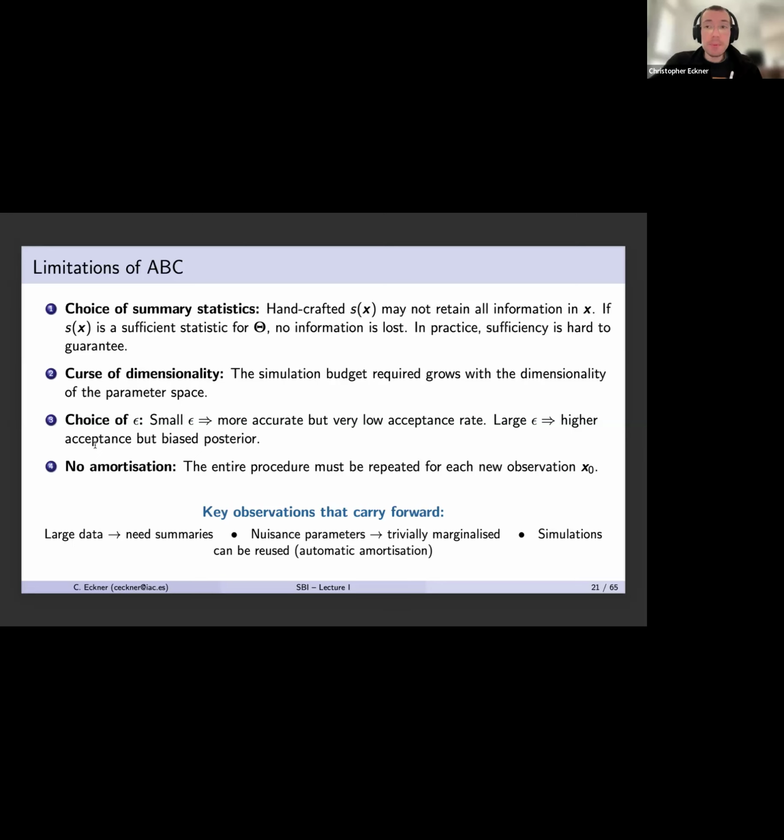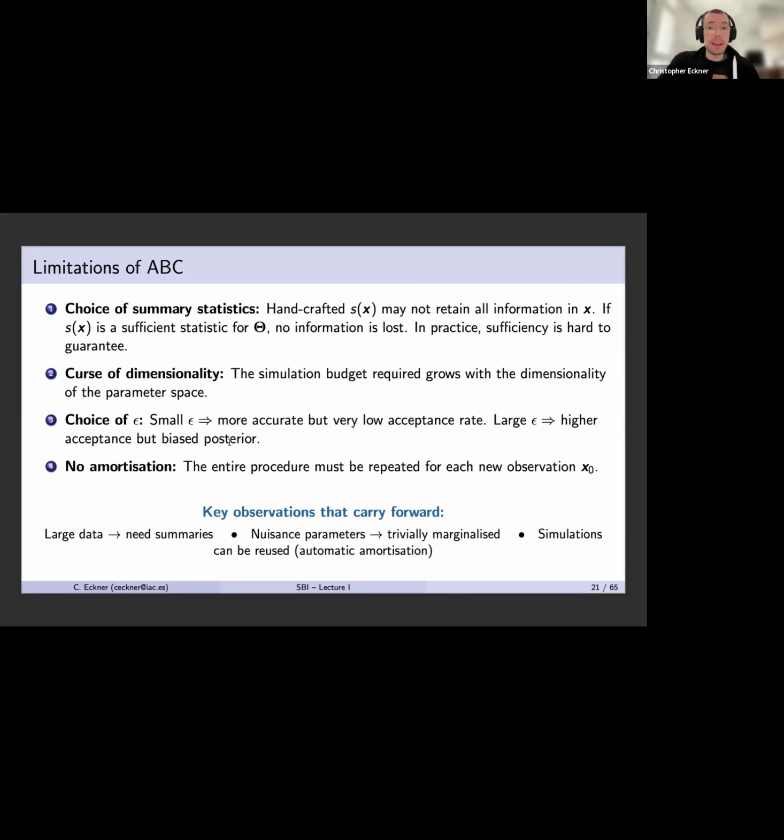And in practice, this sufficiency is very hard to guarantee. Then, your simulation might just be very expensive, and the simulations grow with the number of parameters that you inject and the dimensions of your output target data. So you might be limited there.